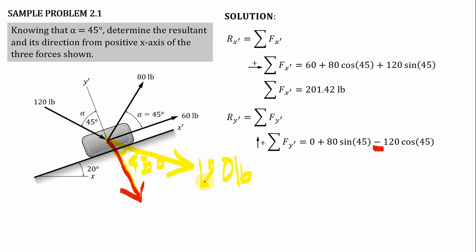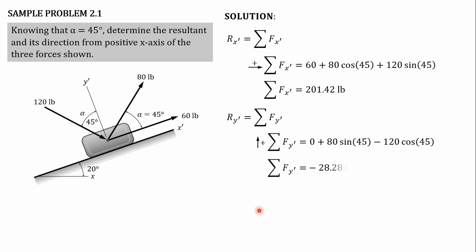That is 120 cosine 45 degrees. And that is equivalent to negative 28.28 pounds.